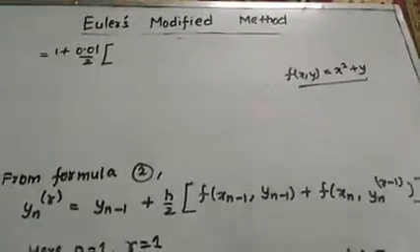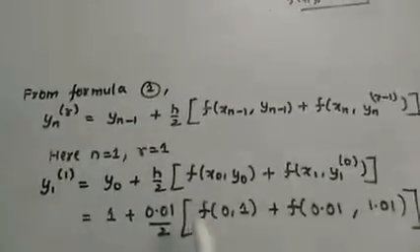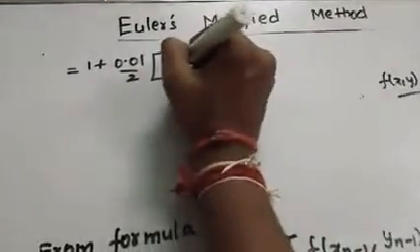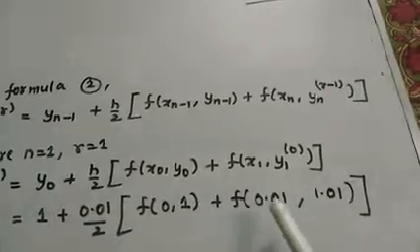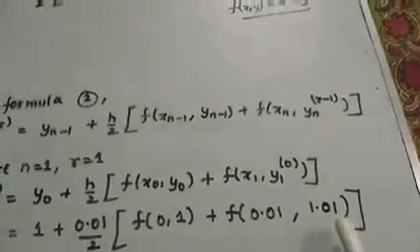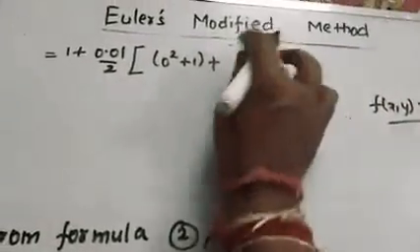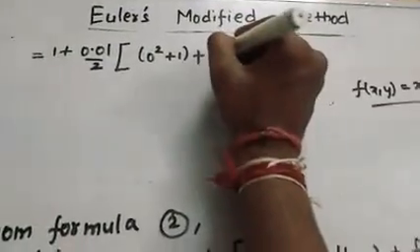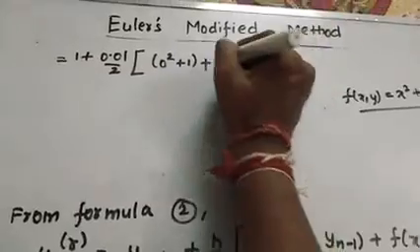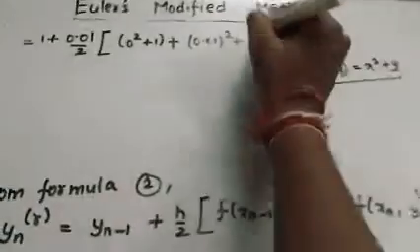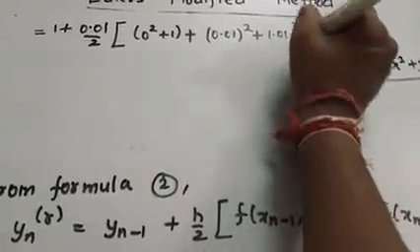What was f of x comma y? x square plus y. So f of 0 comma 1 will be 0 square plus 1, and the next one, f of 0.01 comma 1.01, gives 0.01 whole square plus 1.01.